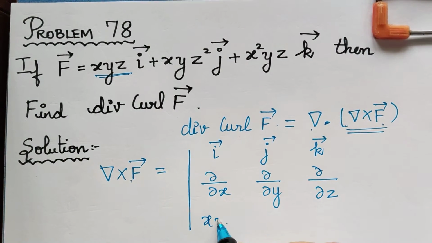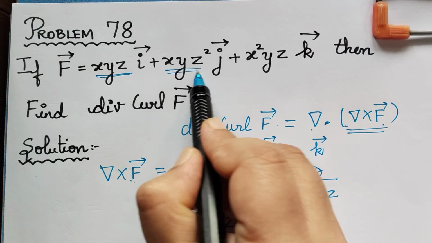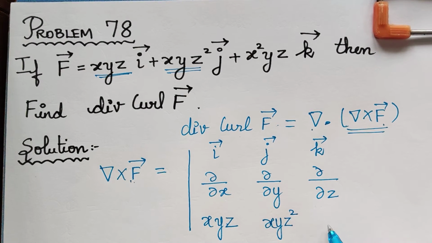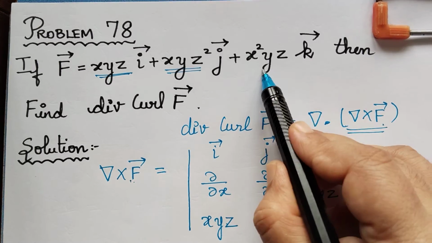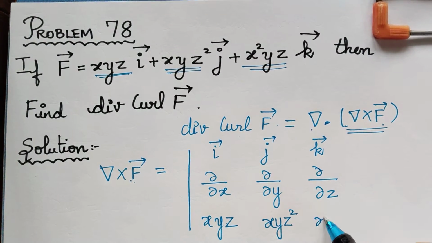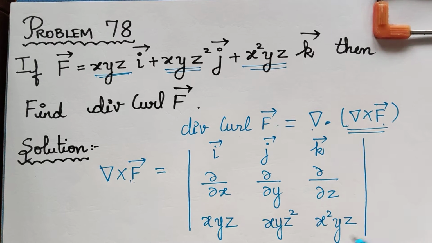And here the jth component of f vector, which is xyz square. And here the kth component of f vector, which is x square yz. So now we shall find the determinant of this matrix.